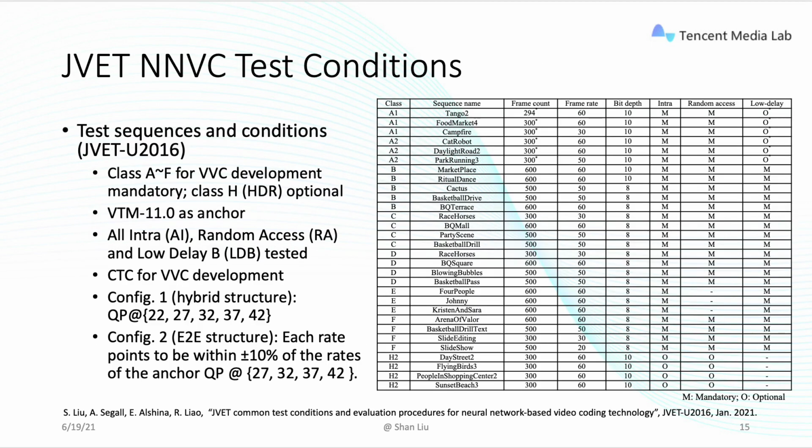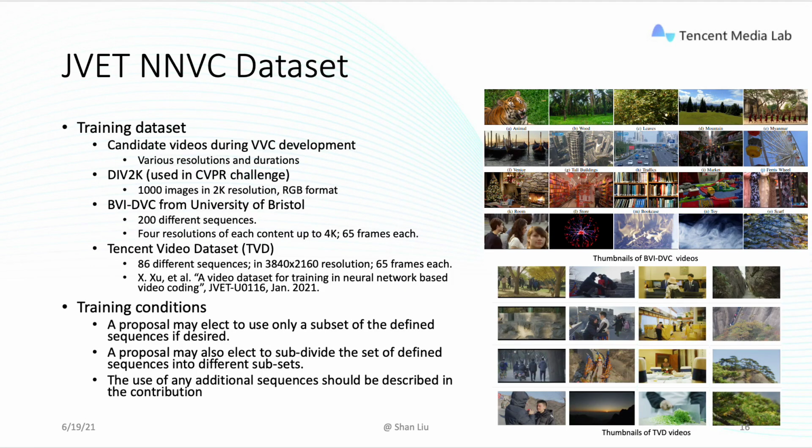And JVET neural network based video coding common test conditions are similar to the main JVET CTC, which was used for VVC development. Due to the time limit, I will refer the details to the CTC document provided at the bottom of the page.